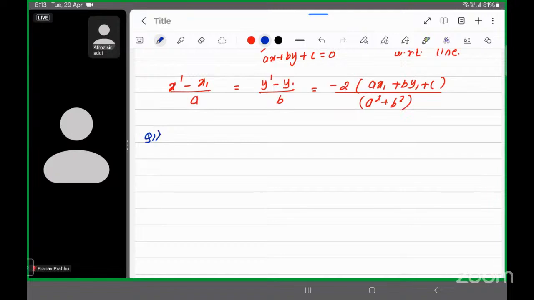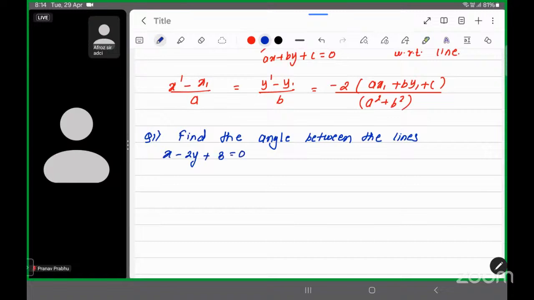Find the angle between the lines x minus 2y plus 3 equals 0 and 3x plus y minus 1 equals 0.